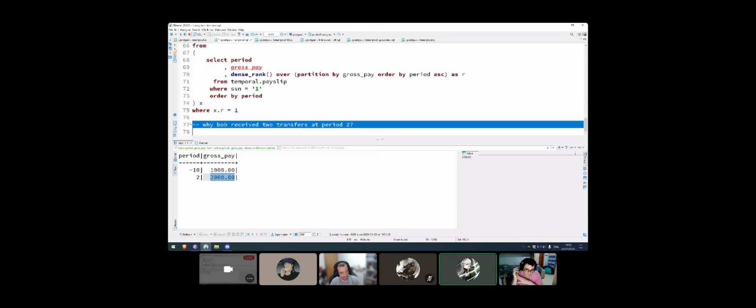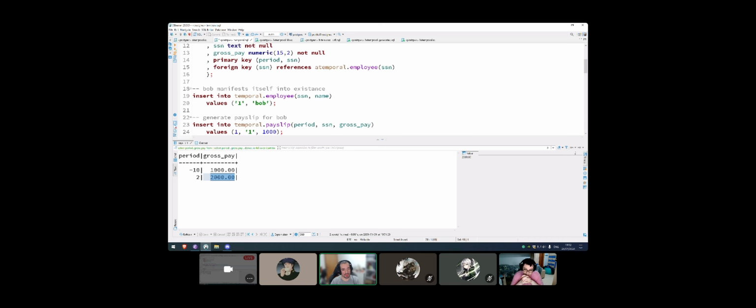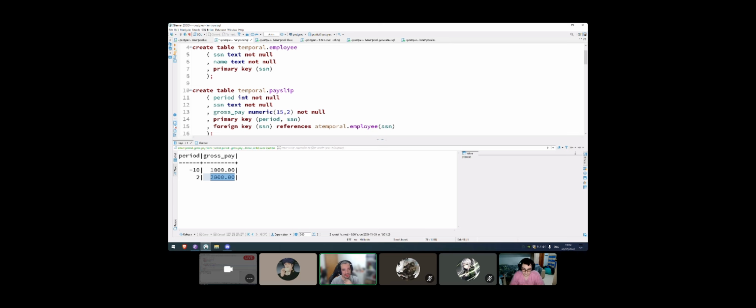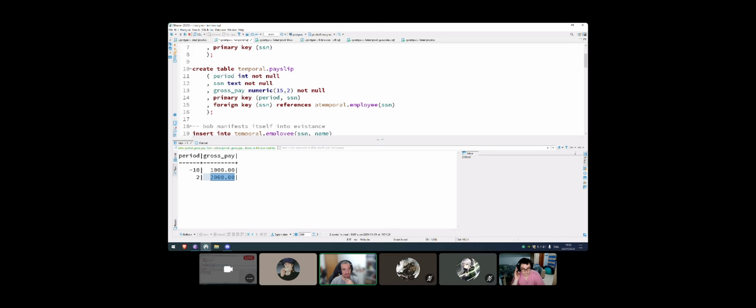We can't answer that because although we know when his payment changed, we don't know when we learned that his payment changed. Exactly. And that's because we keep only a single... we don't keep track of changes to the data. We are just keeping track of the state, our current state of the world, right?